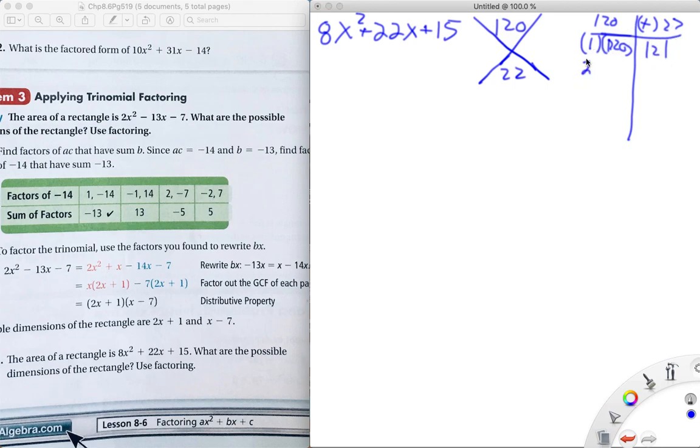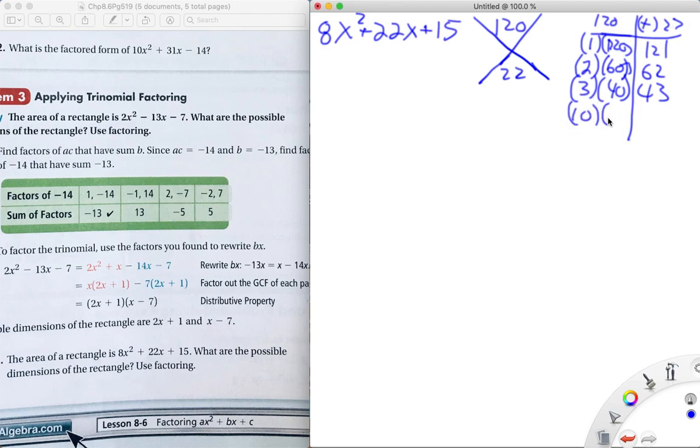We got 2 and 60. When I add them up, I get 62. 3 and 40. When I add them up, I get 43. This is going to go on for a while, so I'll just go all the way to the end, because there's 4, 5, 6, 8, and then what if I did 10?